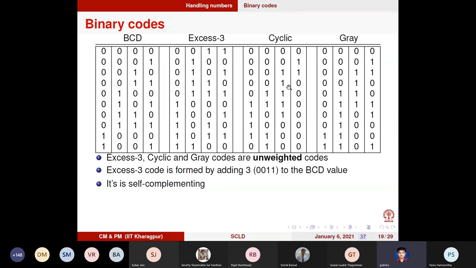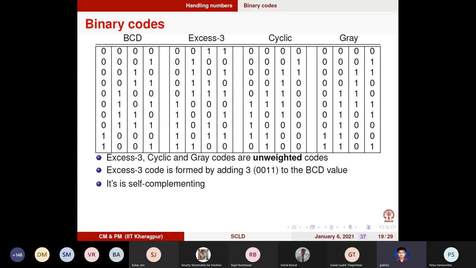So 0 and 1 differ only in the last bit. And 1 and 2 differ only in the second bit. Similarly, you pick up any two consecutive words, they differ by just one bit. Their difference is only in one of the bits. Other bits are identical.